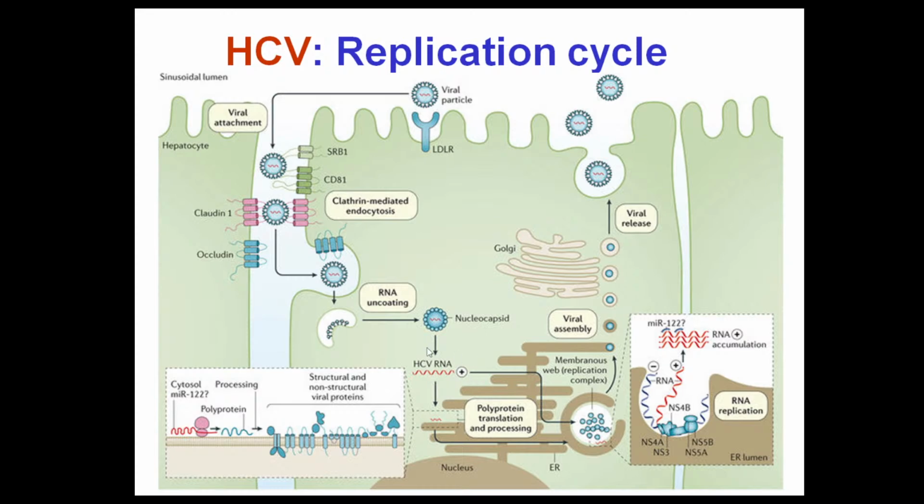Okay, you can see here that as soon as the positive sense genomic RNA is released, polyprotein translation occurs because the RNA is recognized directly as the mRNA. And then the viral proteins are produced.